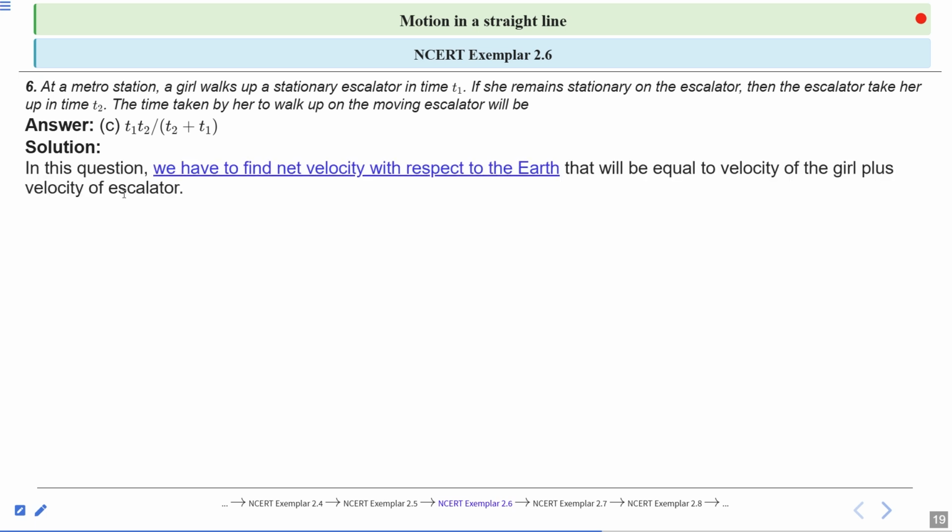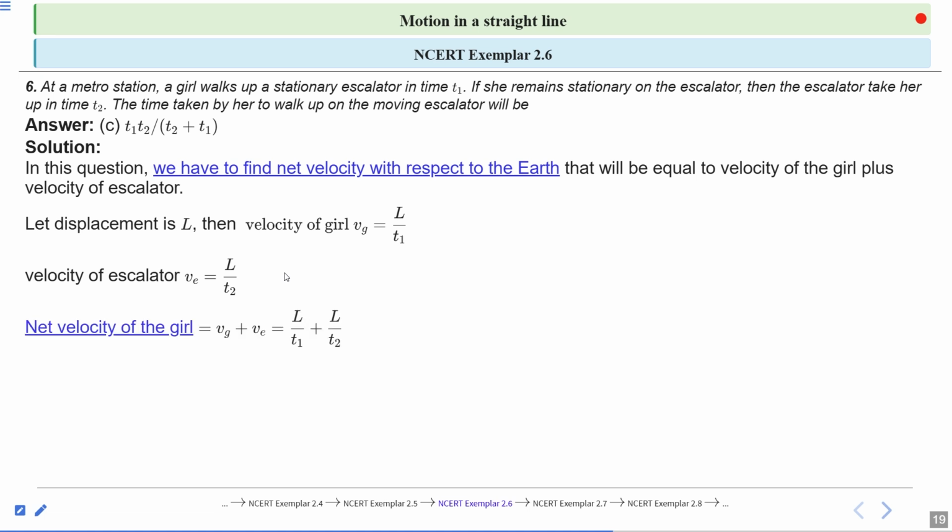Solution: in this question we have to find the net velocity with respect to Earth, which is the velocity of the girl plus the velocity of the escalator. Let the displacement be L. Then the velocity of the girl Vg = L/t1, and the velocity of the escalator Ve = L/t2. Now the net velocity is Vg + Ve = L/t1 + L/t2.